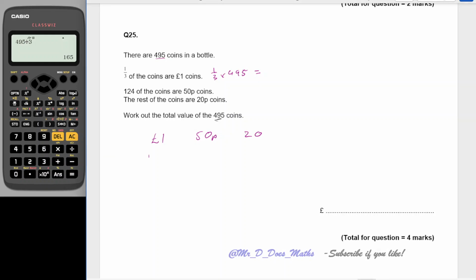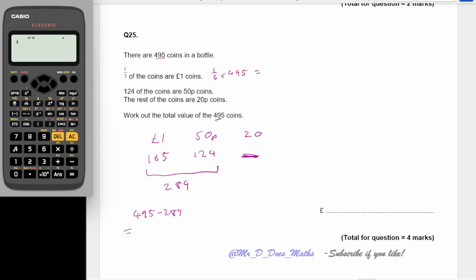So we've got 165 pound coins, we've got 124 50 pences, and then this is our missing value. So these would add up to make 289. Let's just double check that. Plus 124. Right. So we want to do 495 minus 289.